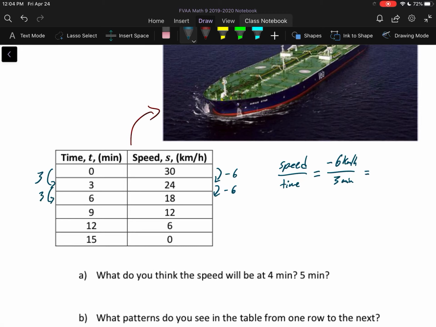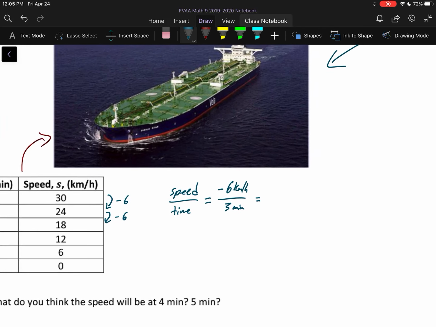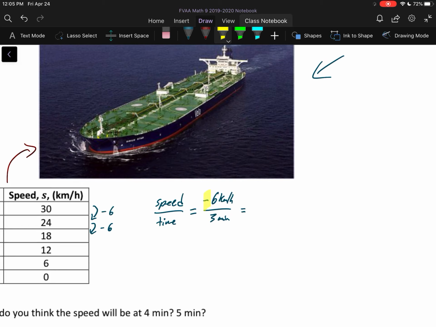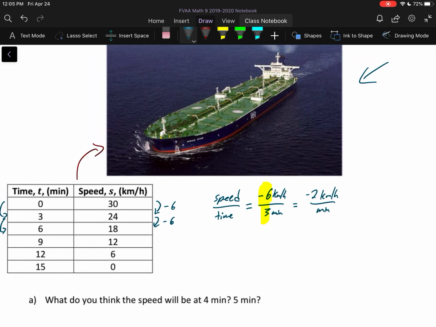So how can we determine how much speed it reduces every 1 minute? Well, you just have to simplify your fraction. Negative 6 over 3 is equivalent to negative 2 kilometers per hour every 1 minute. So every 1 minute, the boat is slowing down by 2 kilometers an hour.